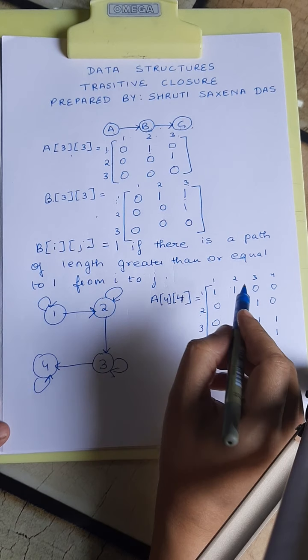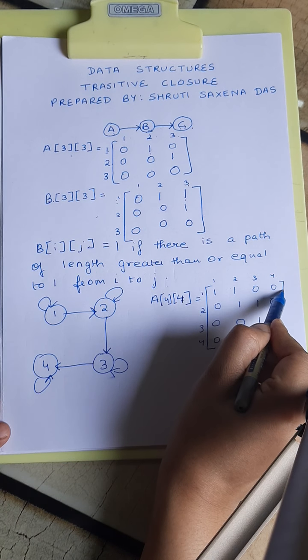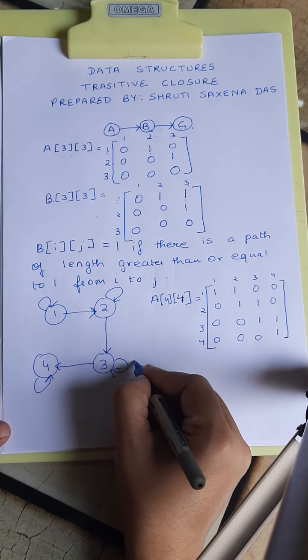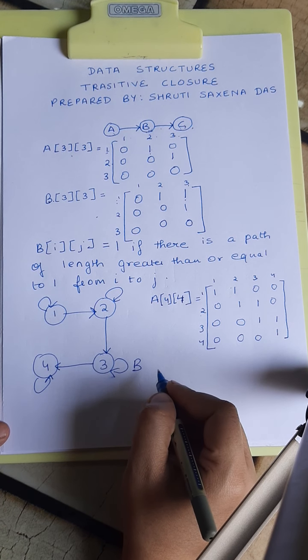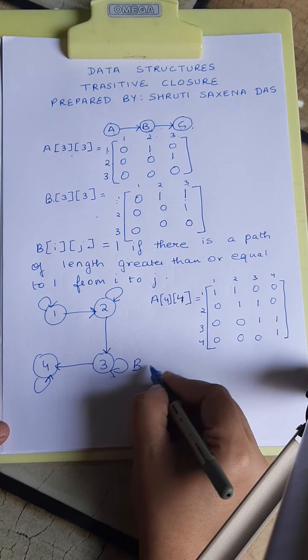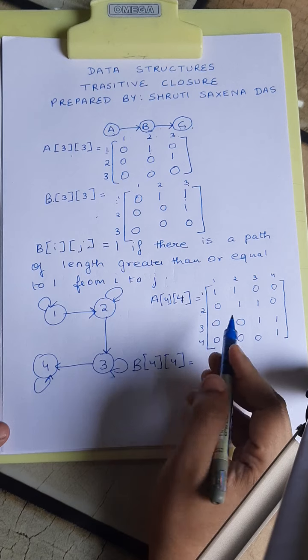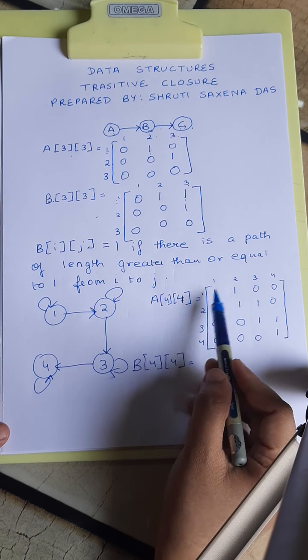But when you draw the reachability matrix, in that case we'll check whether a path exists from 1 to 3.